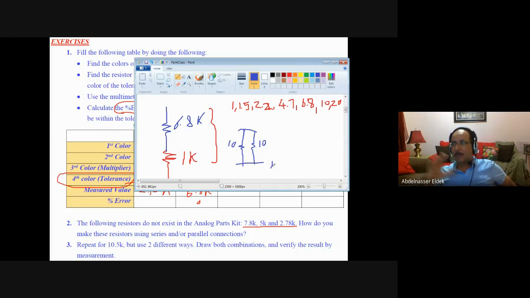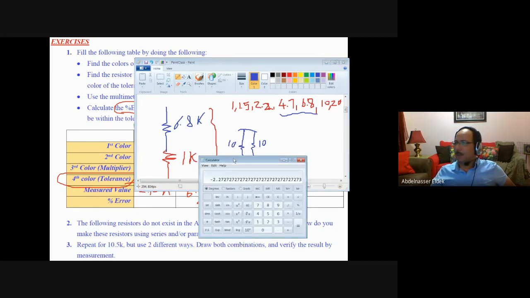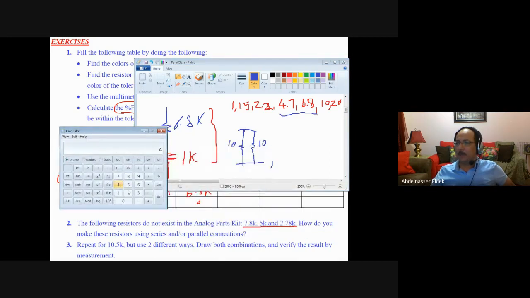Like for example, 4.7 parallel with 6.8. Try to think about this. Assume that I have 4.7 in parallel with 6.8. So this is a multiplication over the summation because they are in parallel: 4.7 multiplied by 6.8, divided by 4.7 plus 6.8. So this is just a try and see.